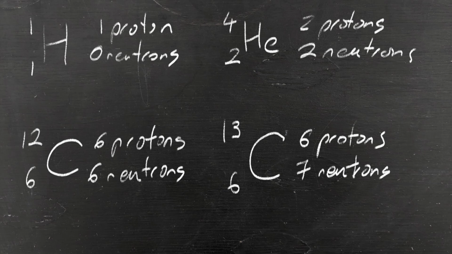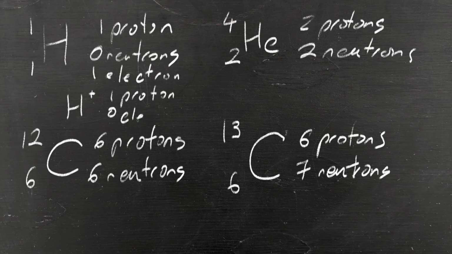So in the case of this first hydrogen atom we have here, if we have 1 electron, there is no charge. However, if we were to have H+, that would have 1 proton, because all hydrogen atoms have 1 proton, and it would have no electrons.